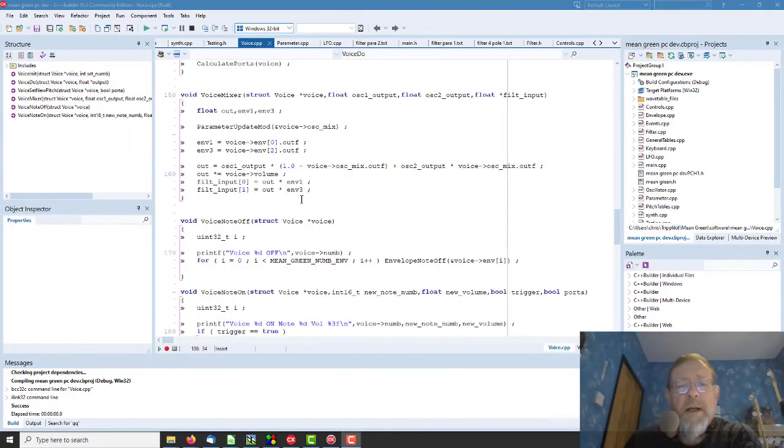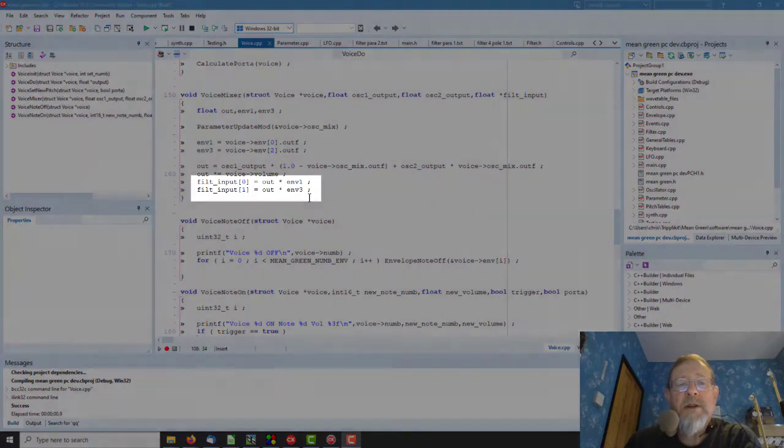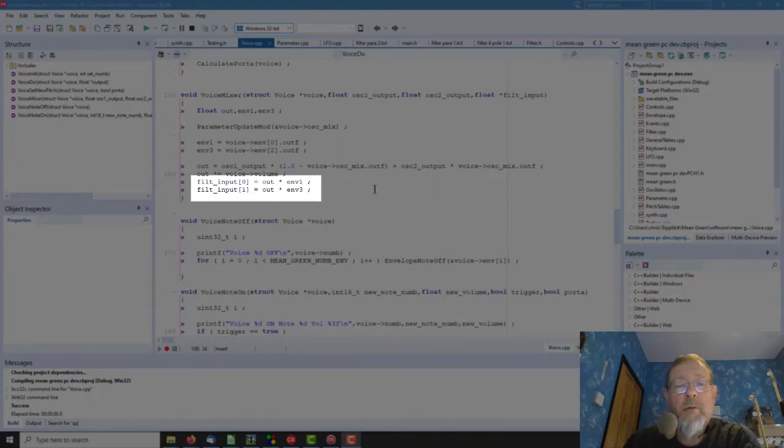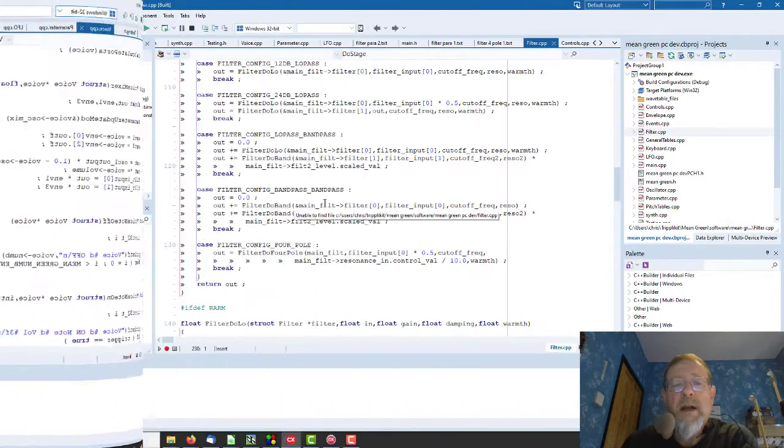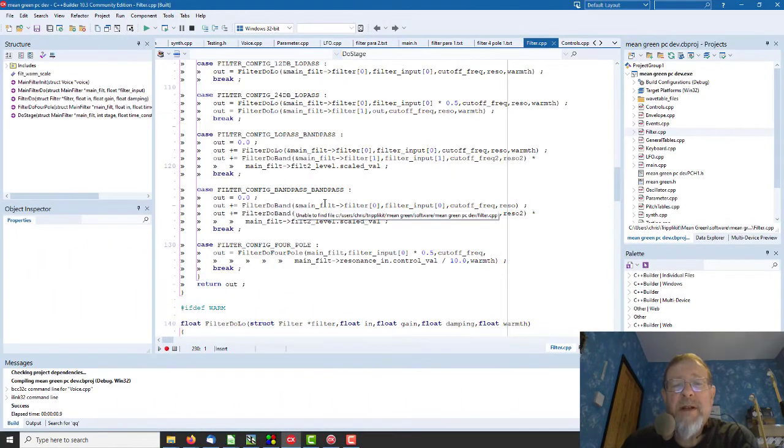Okay, very quick look at the code. Now the voice mixer now mixes the oscillators together and outputs two values, one controlled by envelope 1 and one controlled by envelope 3. Okay, and here's how the filter's configured.